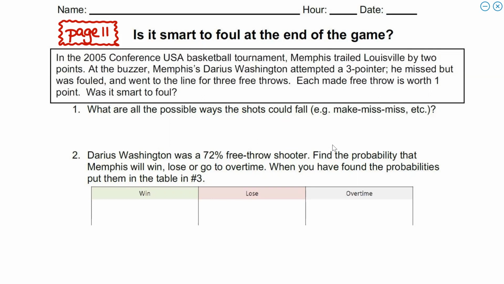Or make, miss, make, miss, make, miss. Are there any other options?